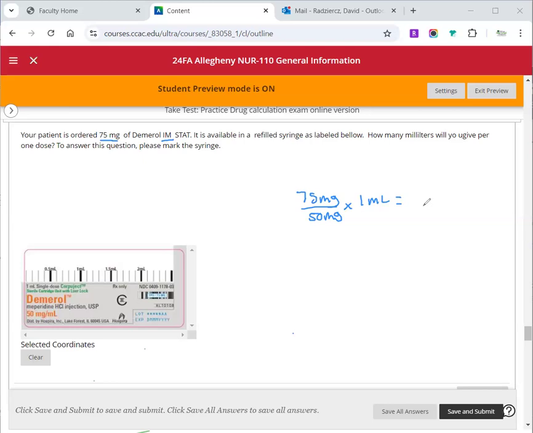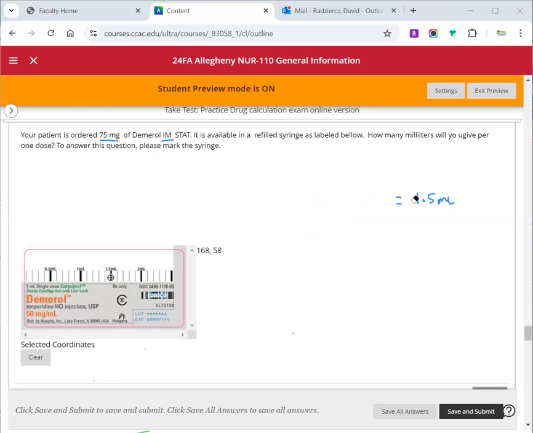And we're going to get, what was that, 1.5? 75 divided by 50. Yeah, 1.5. And then it wants you to mark the syringe. So you're just going to drop your pointer on it. So I'm going to drop it right on that 1.5 ml line. So hopefully that's good.